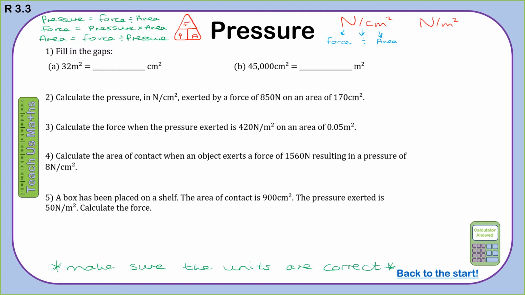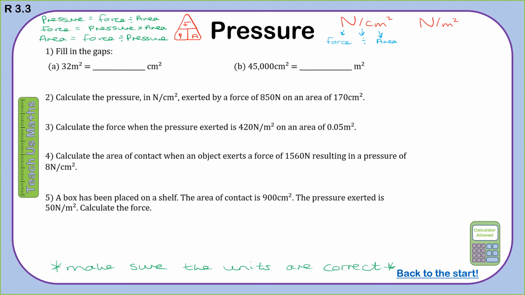For example, if I wanted to work out the pressure in newtons per metre squared and I had force in newtons but I had area in centimetres squared, then the units are not consistent, they don't match up. So you have to convert first.